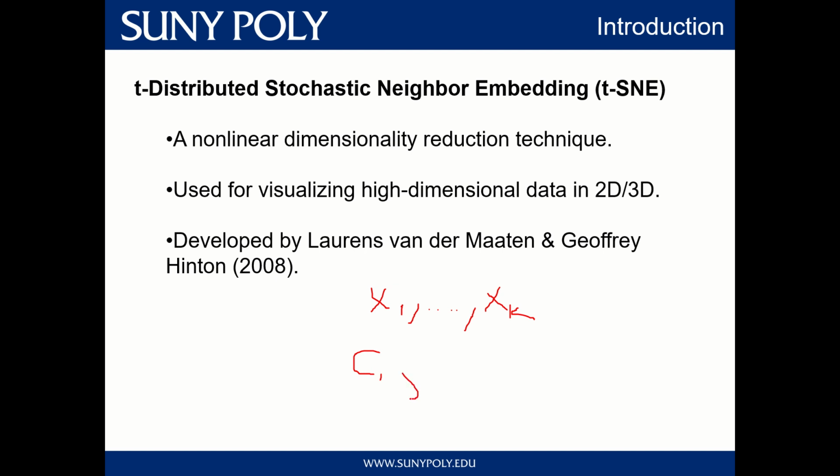This is for PCA. So we have C1, C2 up to Ck. And then we try to take a subset of the principal components, which represent most of the variance in our data. Typically they will capture between 85 to 95% of the variance of the data.